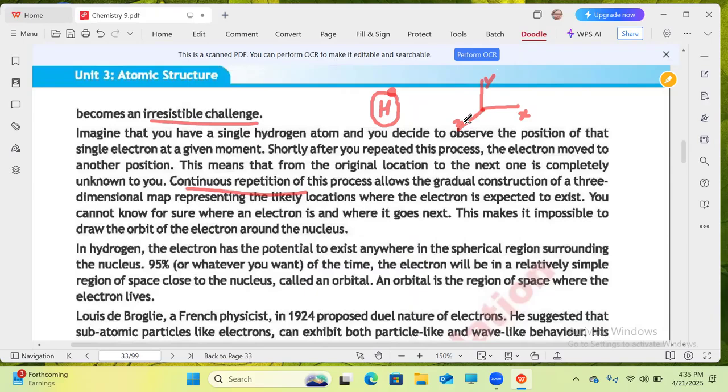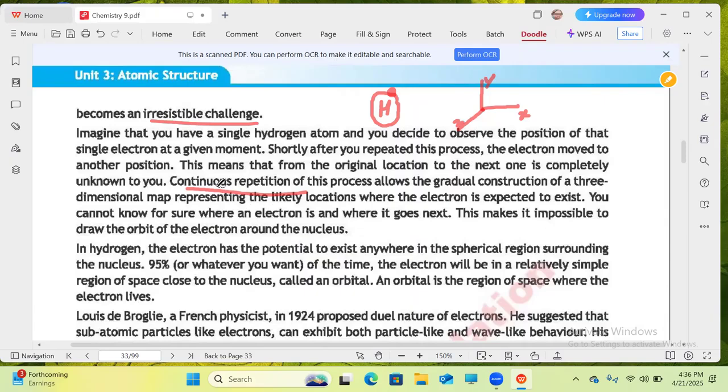This aspect was not depicted in Bohr's atomic theory, but Werner Heisenberg is that German scientist who helped us to invent the three-dimensional structure of an atom as well. So that was his work.